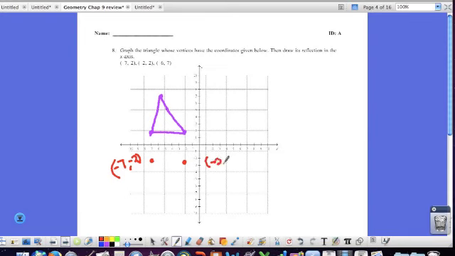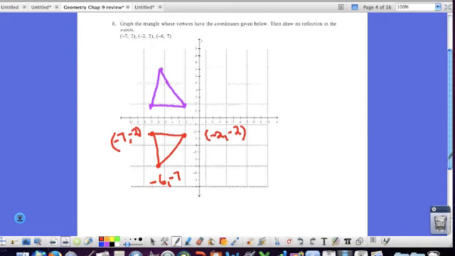That's at -2, -2. And at -6, 7, I'm still going to be at -6, but instead of being 7 units above the line, I'm going to be 7 units below the line. -6, -7. And that's the new answer. That's the answer, the red figure.